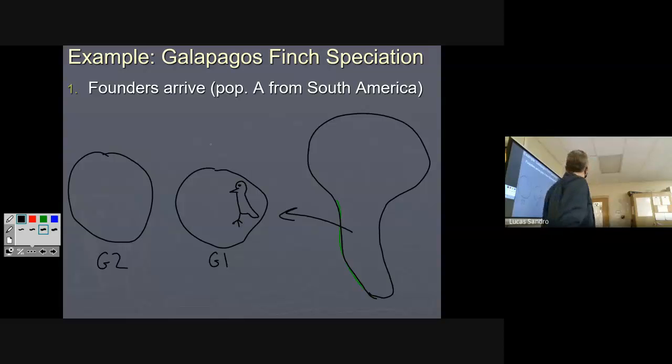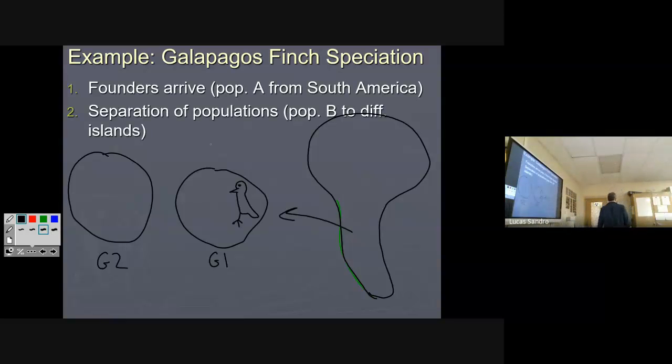Okay, so the foundling population arrives. And then some of that population wanders over to island G2. That's a much healthier looking bird.